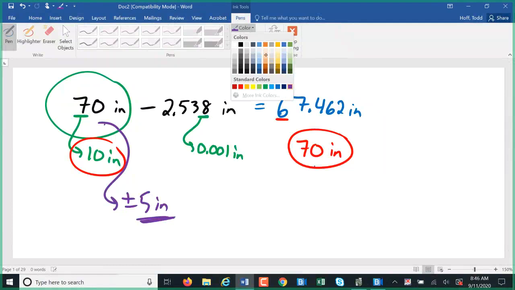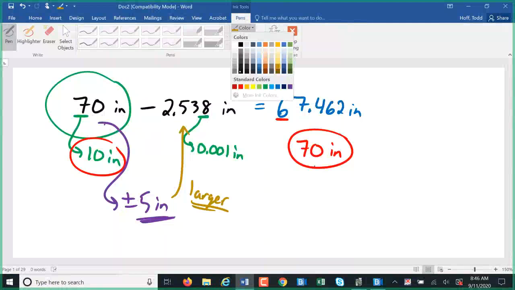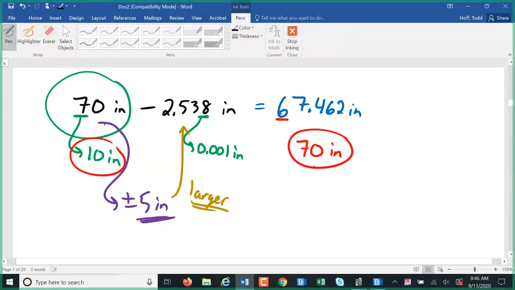That error is larger than what we're trying to subtract here. Realistically, these two measurements should never be combined because in physics, we would say they're on separate orders of magnitude. That the error in the one measurement, the 70 inches in this case, is larger than the other measurement is, so that we really can't combine those.